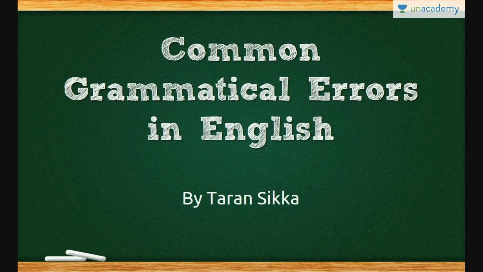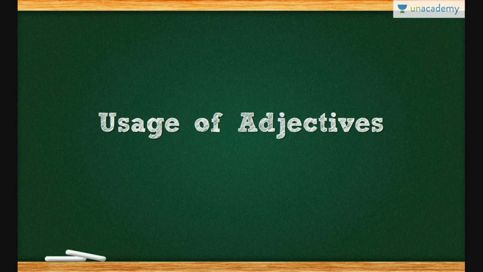Hello friends, welcome back to the course on common grammatical errors in English. In today's lesson, once again, we'll discuss the common errors in usage of adjectives. Before we get to discussing the rules and examples, let's quickly revise what are the degrees of comparison of adjectives.